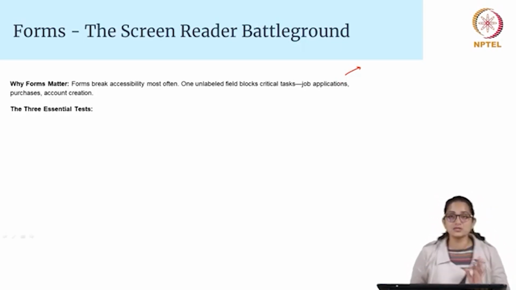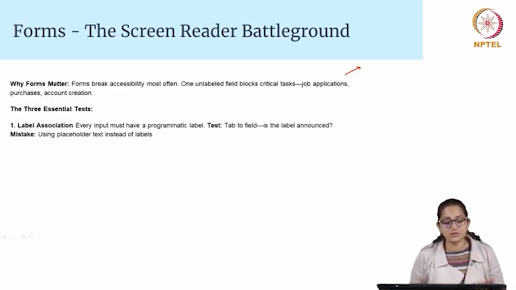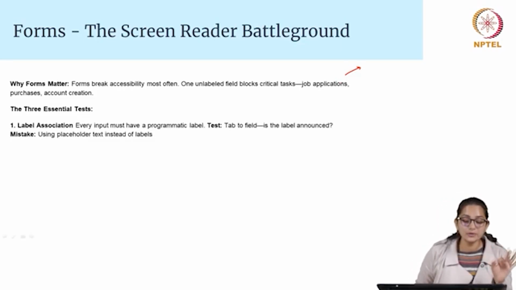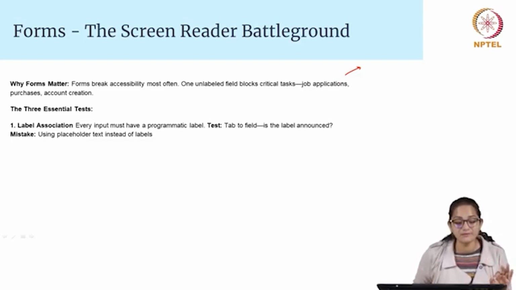The 3 essential tests that we should ensure is the label association. So every input must have a programmatic label. Then test: tab to the field, is the label announced? A common mistake can be using a placeholder text instead of a label.